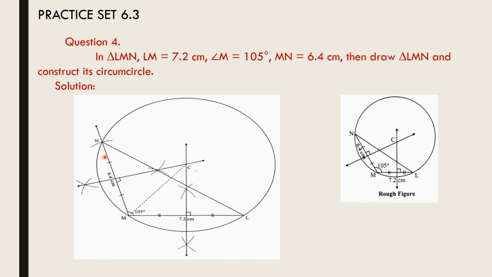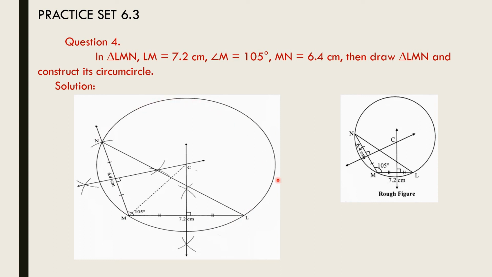And draw the perpendicular bisectors of any two sides. Here I am taking the perpendicular bisector of MN and the perpendicular bisector of ML. These two perpendicular bisectors intersect at the point C. And join CM, and with C as the center and CM as the radius, draw a circle, and this circle passes through all three vertices of the triangle.